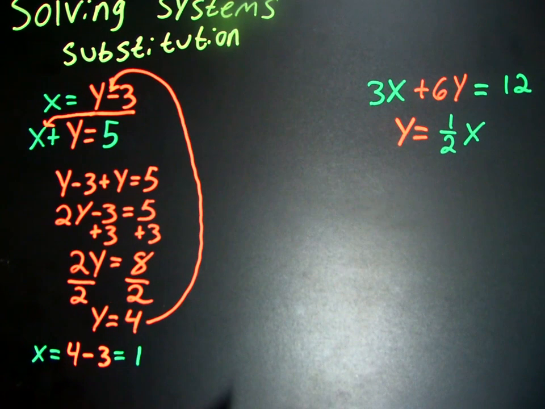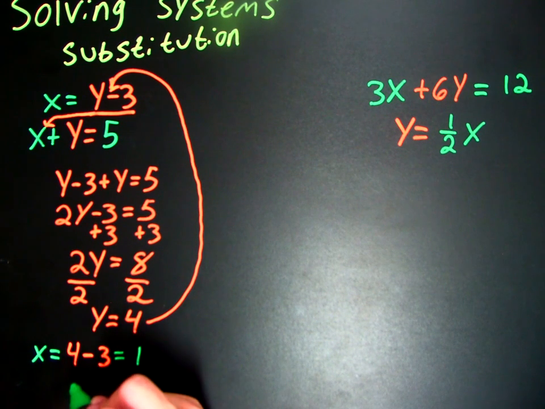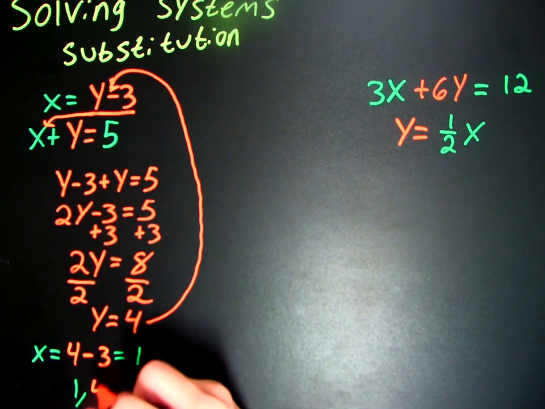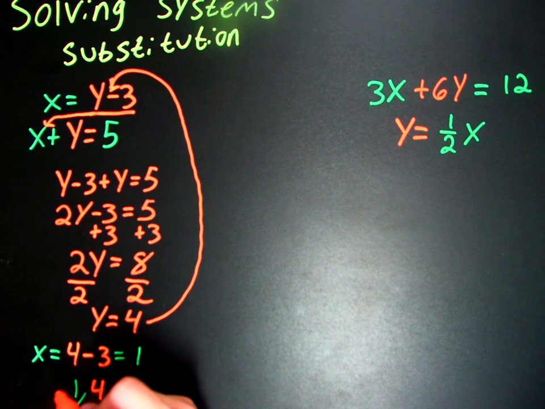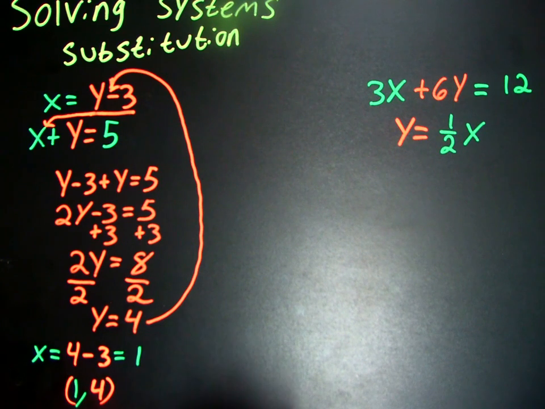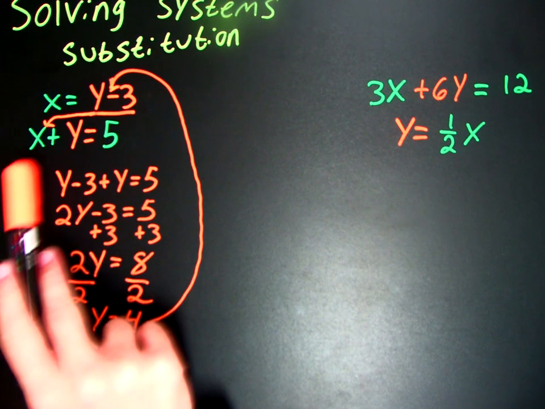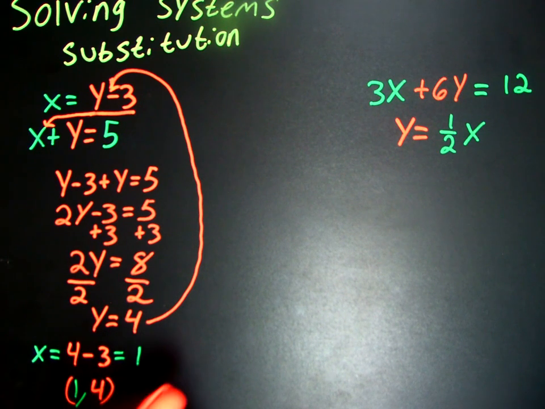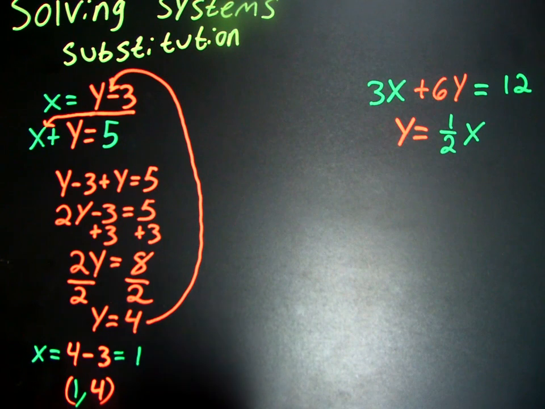So my final answer is 1, 4. It's that easy. All I had to do was take that, plug it wherever I saw the x, solve a quick equation, slap it back in when I get numbers, and I'm done.